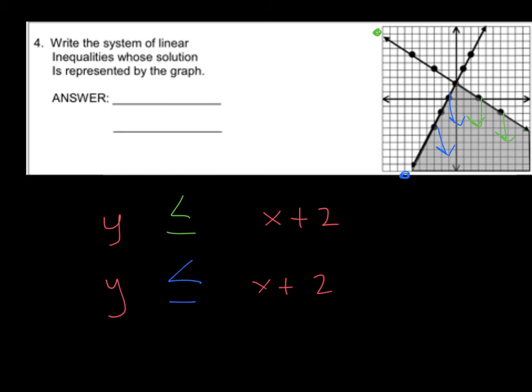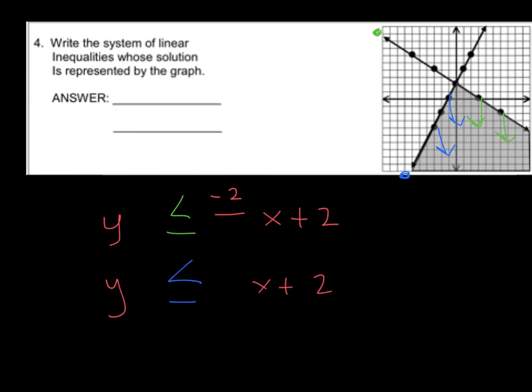Now I just need to figure out my slope. For my green line, I see that if I start on +2, I would need to go down 1, 2, and over 1, 2, 3. So that makes my slope down 2, so that's -2, and over 3. Oh wait, that's over 4, I'm sorry.